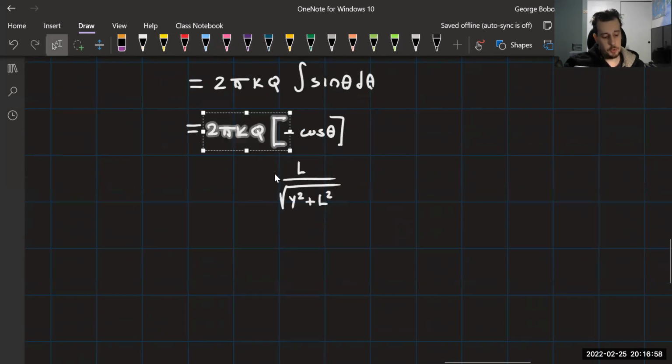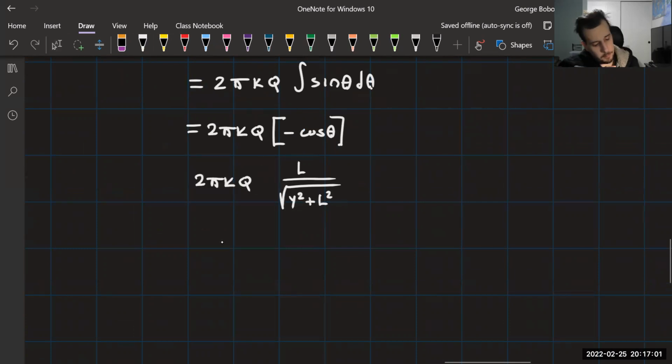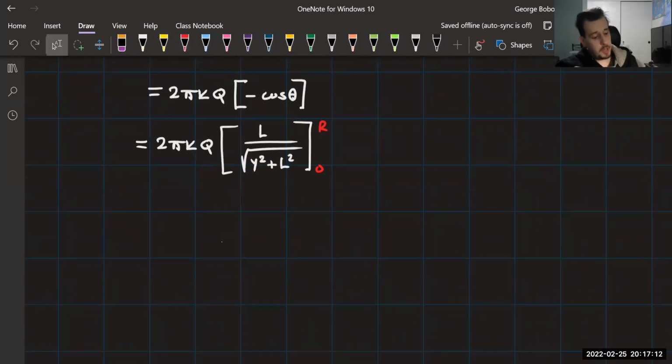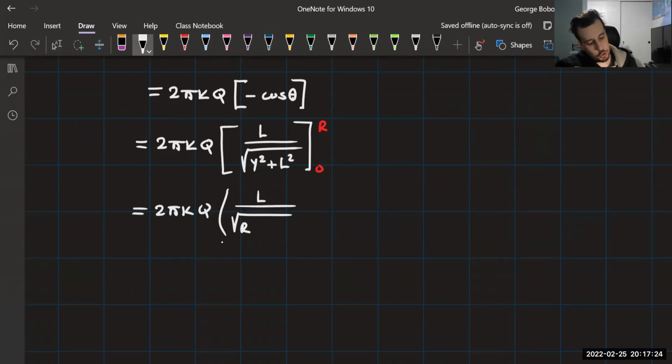So we have the 2 pi KQ not changing, and we have this getting evaluated, as Natalie told us, from 0 to r. So let's see what we get. 2 pi kq, and then we open up a bracket. We got L over the square root of r squared plus L squared minus L over, again, not r squared, 0 squared, or basically just L squared.